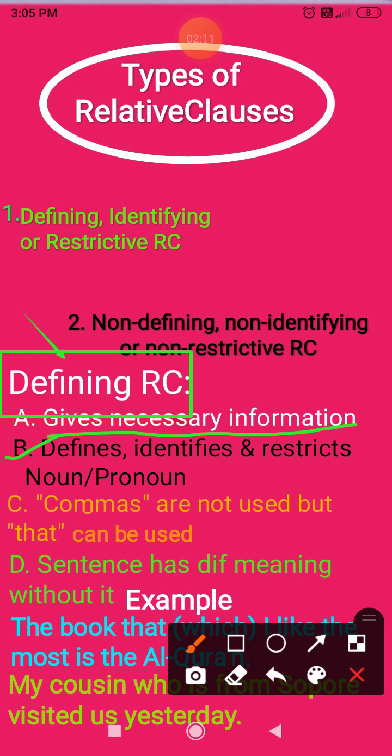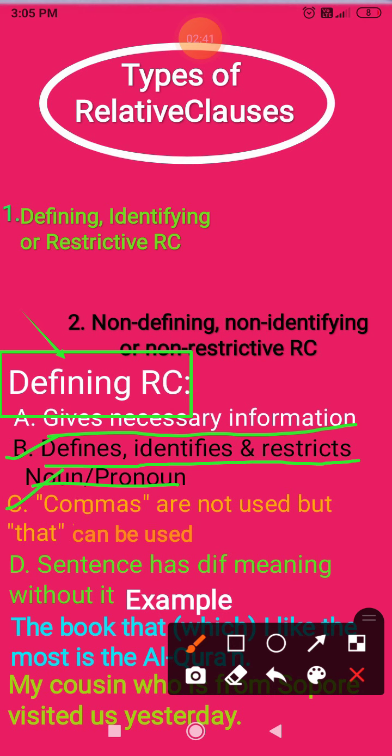Secondly, it defines, identifies, and restricts a noun or pronoun. डिफाइनिंग रिलेटिव क्लॉज एक नाउन या प्रोनाउन को डिफाइन करती है, डिस्क्राइब करती है, उसको आइडेंटिफाई करती है. Restrict, it tells us what kind of person, place or thing we are talking about. हम किस चीज़ के, किस जगह से, किस किस्म के जगह के बारे में बात करते हैं, इसको डिफाइन करती है, आइडेंटिफाई करती है.